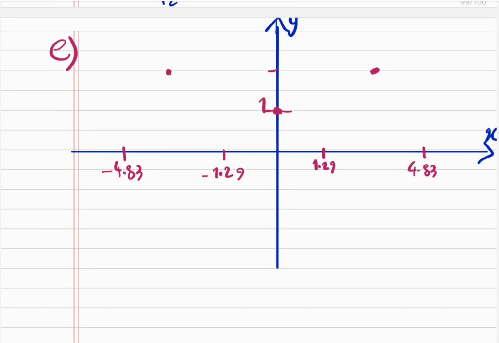Let's see what 5√3/2 is approximately, using the calculator. Okay, this is approximately 4.3, which means that's here, and since that's minus 2, it's somewhere like here.